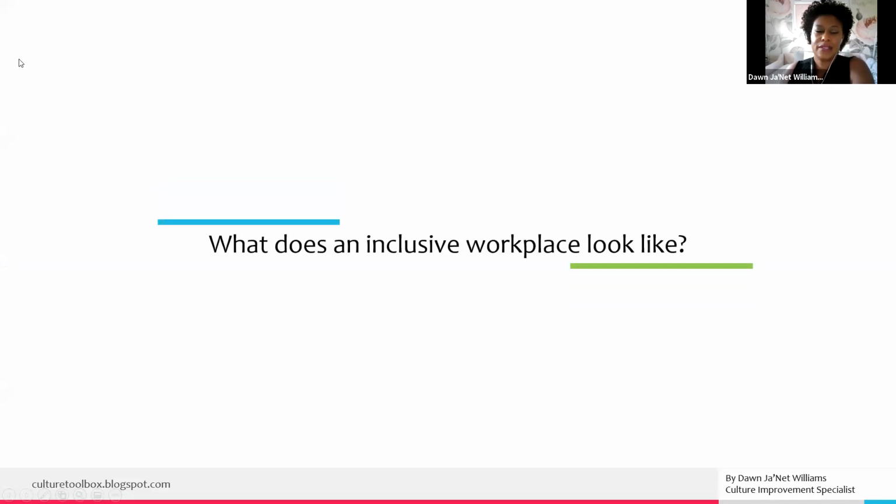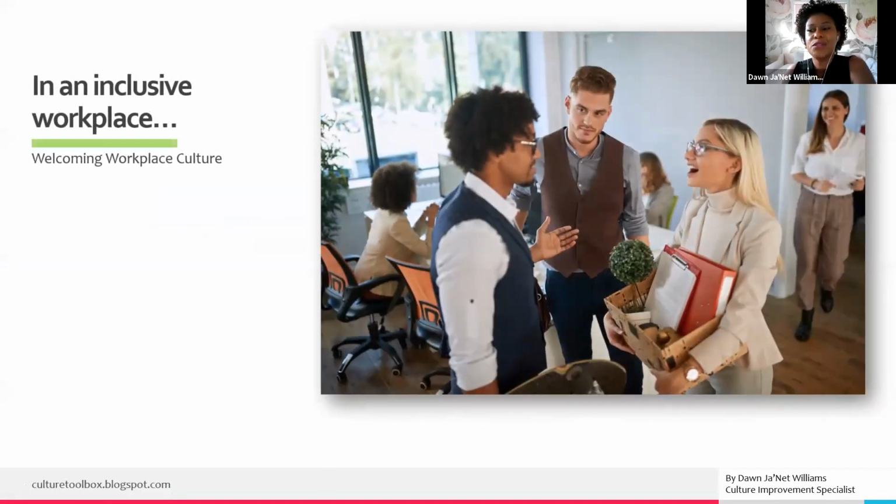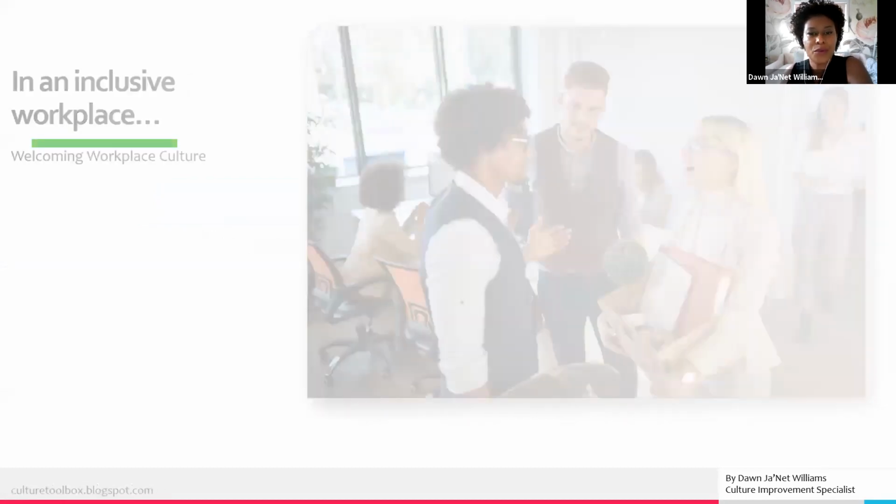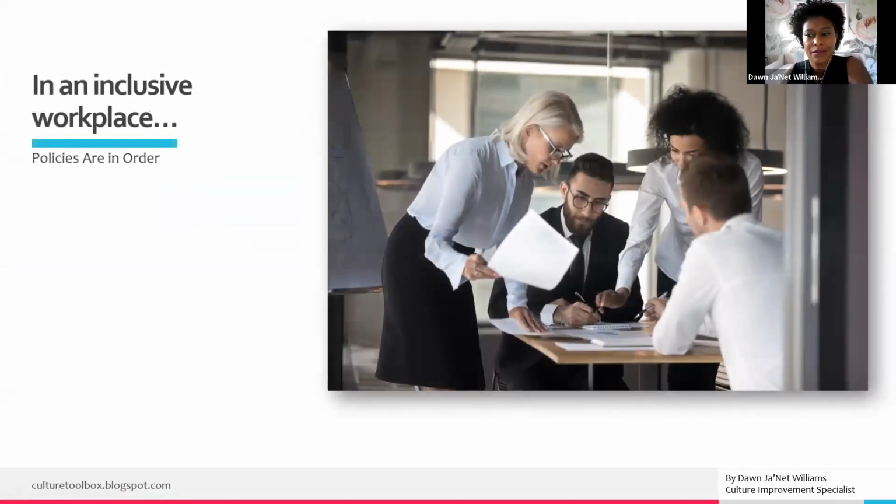So what does an inclusive workplace look like? In an inclusive workplace, there is a welcoming workplace culture where everyone is treated with respect and dignity and everyone feels valued.